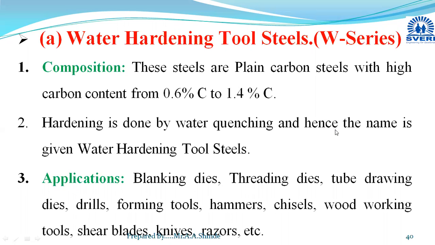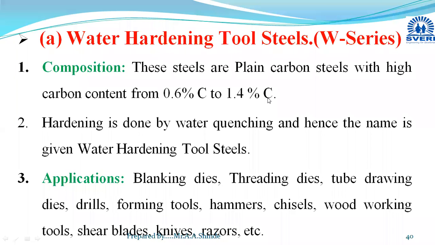Now in these water hardening tool steels, sometimes you can go for the low carbon content, that is 0.6, or sometimes you can go for the higher carbon content, the higher range, 1.3 or 1.4. Now how to decide this range?